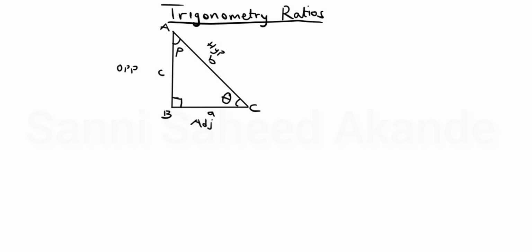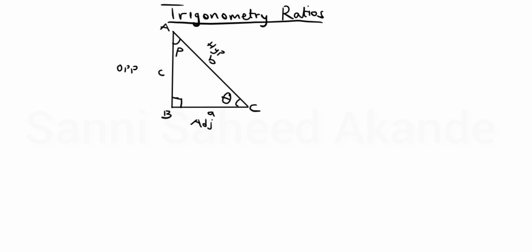When we are considering this angle P, where this angle P is facing will become our opposite. So take note of that, it's very important. The angle we are considering, we first of all look at where it is facing. That side that is facing will be our opposite. Then the remaining two sides are the adjacent and the hypotenuse.